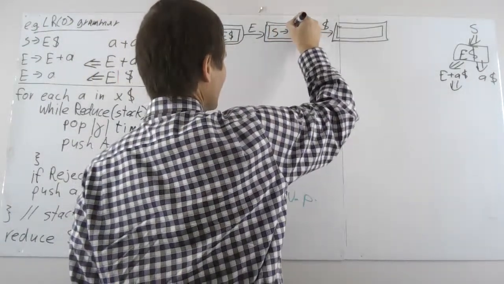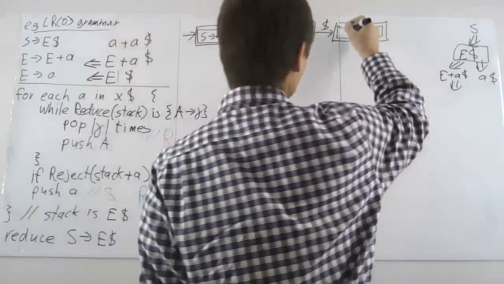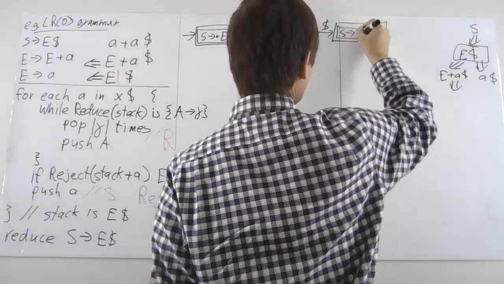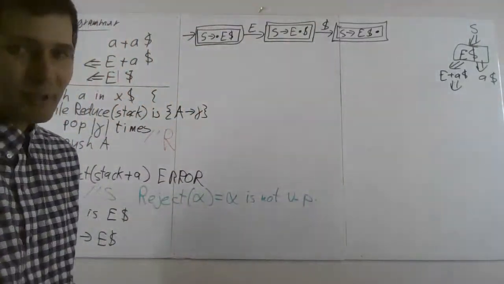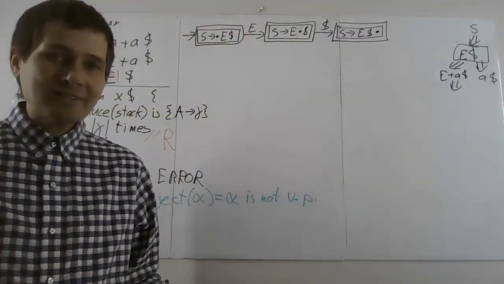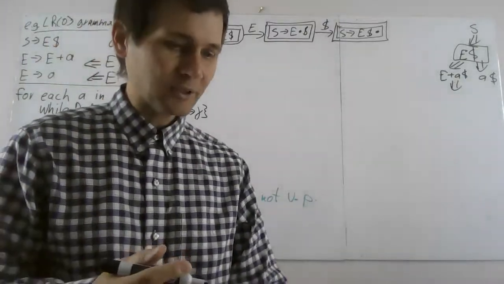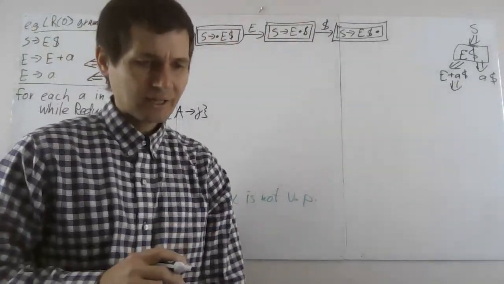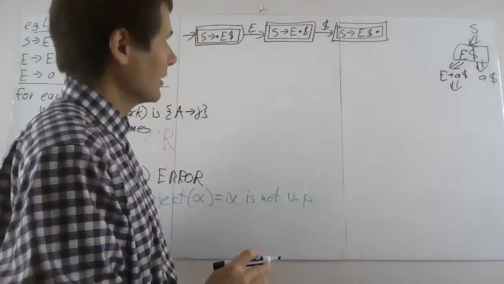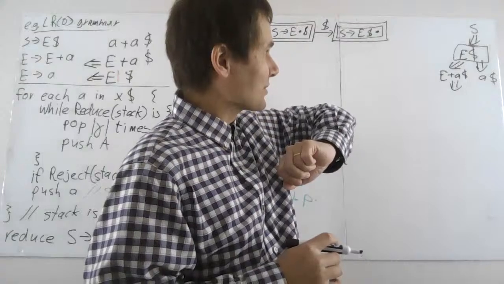So here I have skipped over the E, so I'll put a dot there, and then here I've got E $. Again, it's the structure of the NFA that matters, not really the labels. It's just a standard way of giving names to these states. Great, so I've got the prefixes of one sentential form.